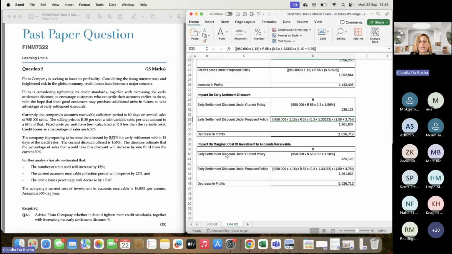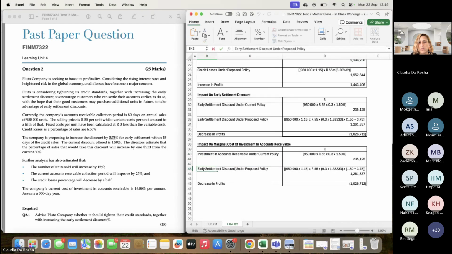So right, impact on marginal cost of investment. Okay, so when we're dealing with this, we're dealing with our formula on investment in accounts receivable. We have investments in accounts receivable under the current policy, and accounts receivable under the proposed policy.